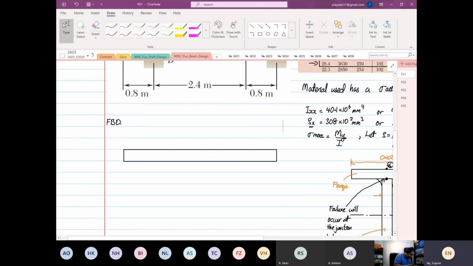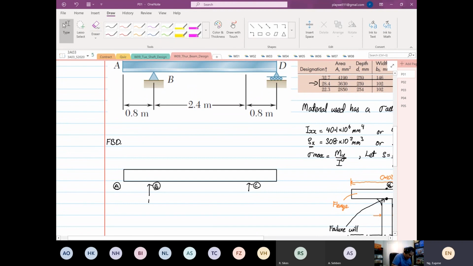This is our point A, then our point B, then we have our point C. Sorry, we don't have anything going up at C. Then we have point D.